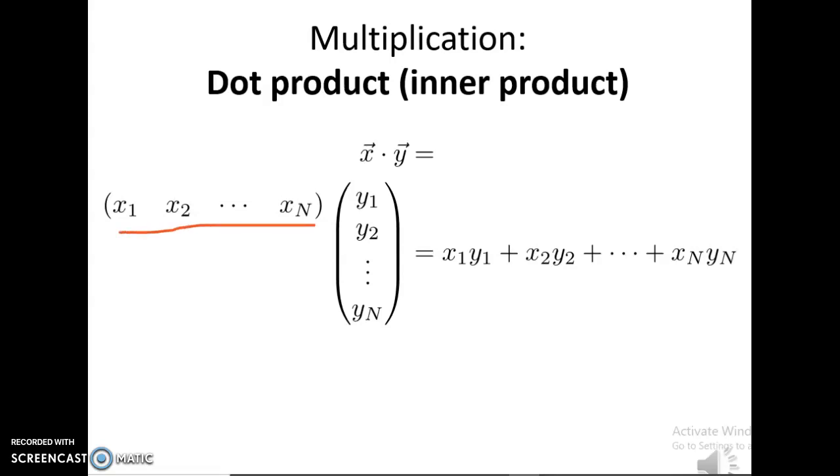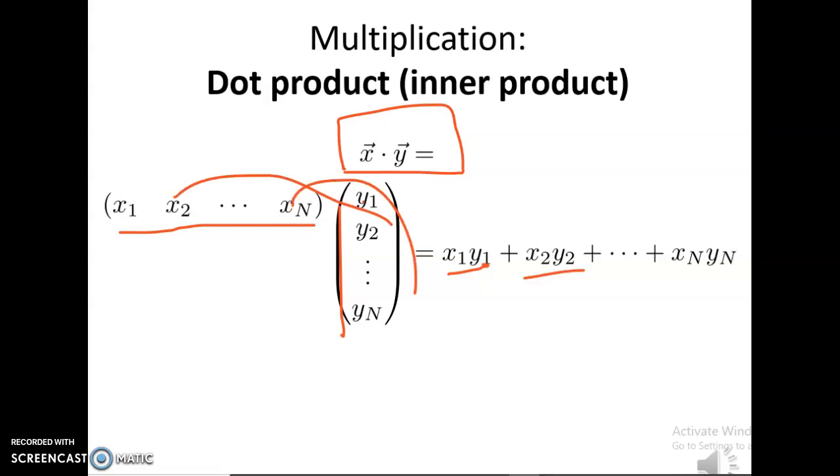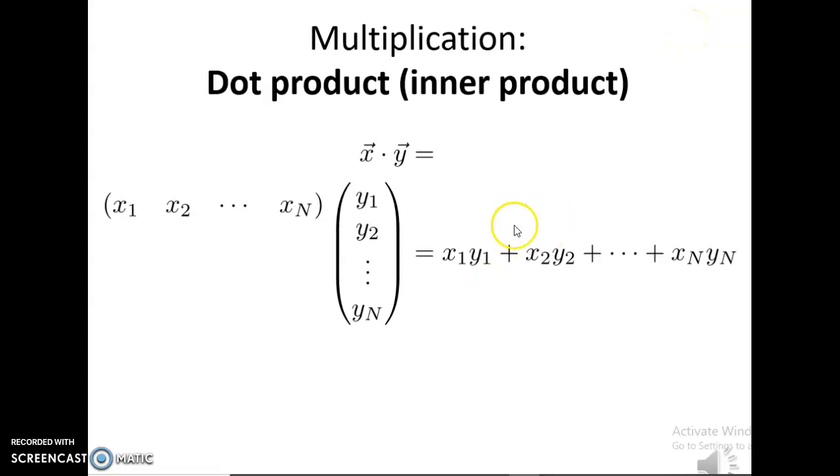This is the row matrix x1, x2 up to xn, and this is the column matrix y1, y2 up to yn. Now multiplying: x1 y1 plus x2 y2 plus up to xn yn. This is called the inner product.